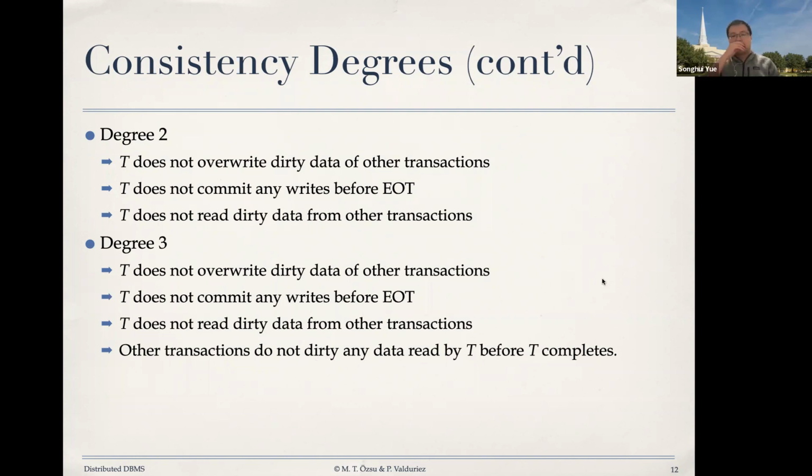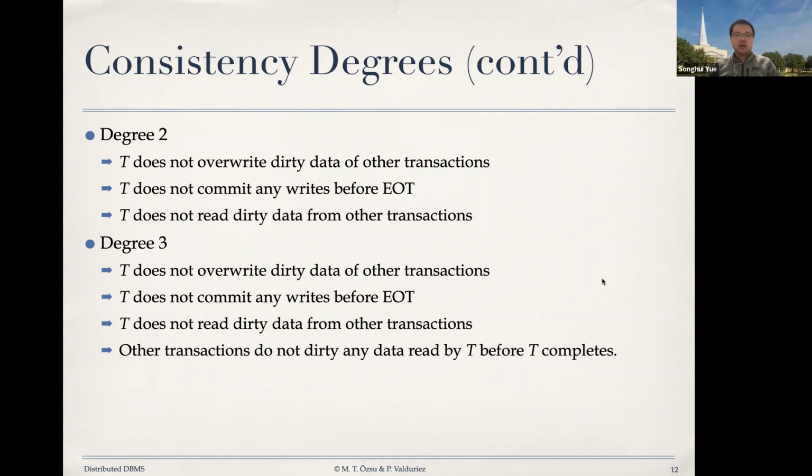Different types of applications may require different consistency degrees. For example, for mission critical applications like banking systems, the degree of consistency should be the highest.